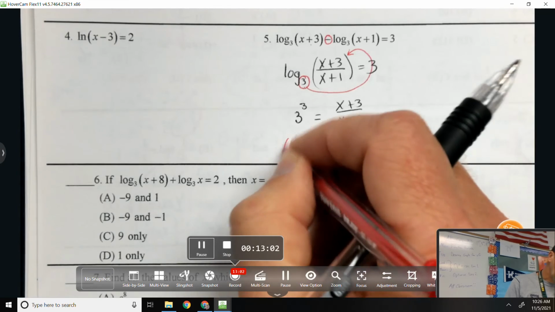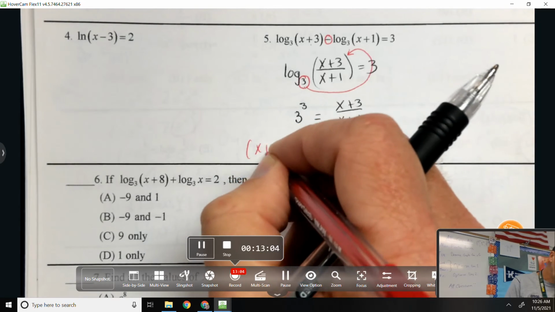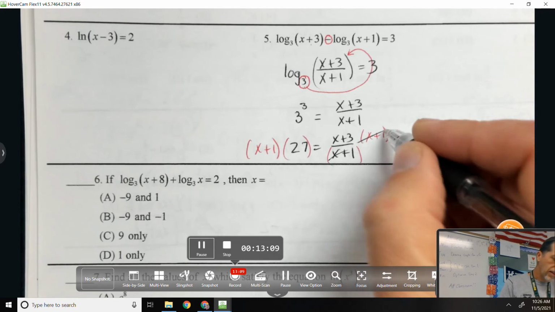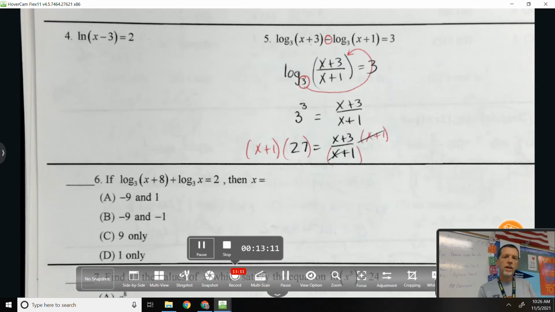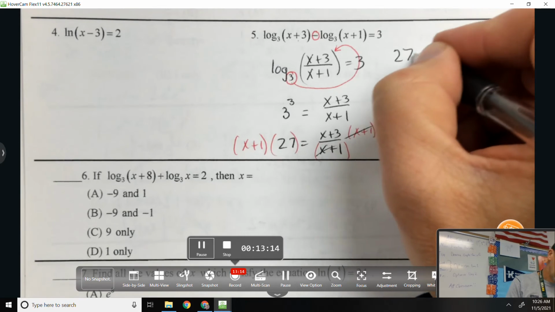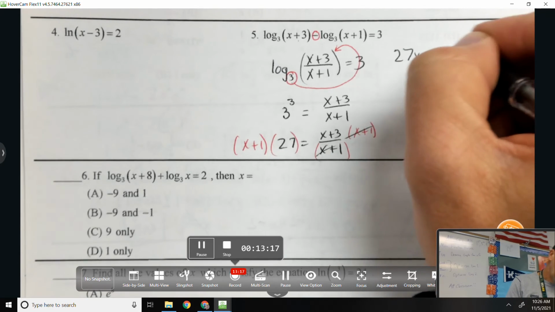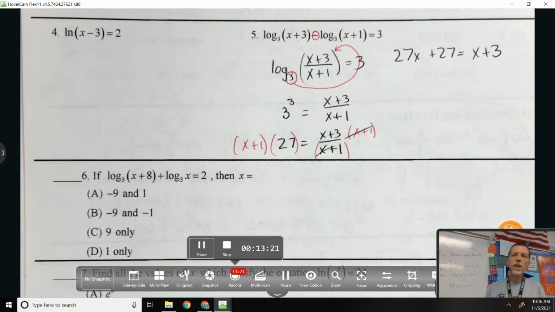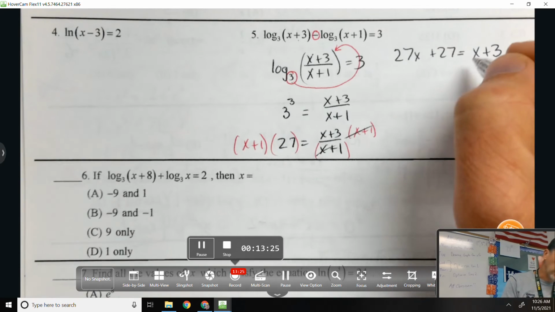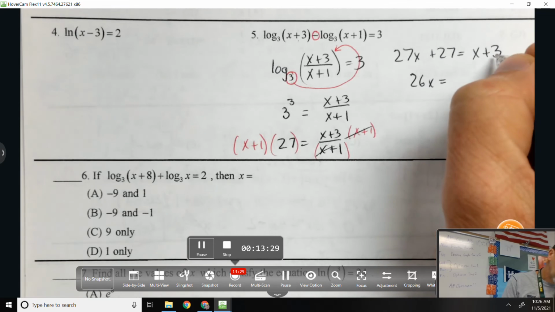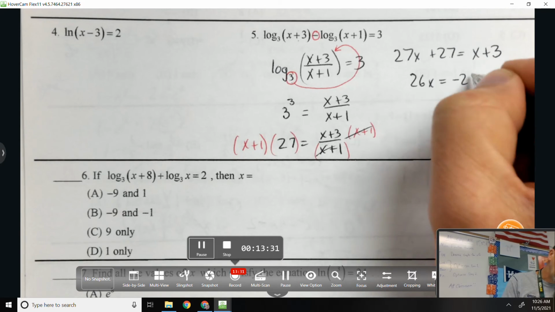I can multiply both sides by x plus 1. And now we're into Algebra 1 land here. 26x equals 3 minus 27 would be negative 24.